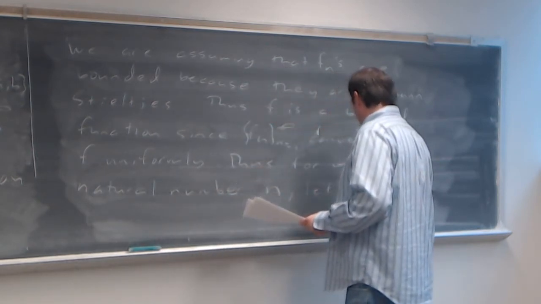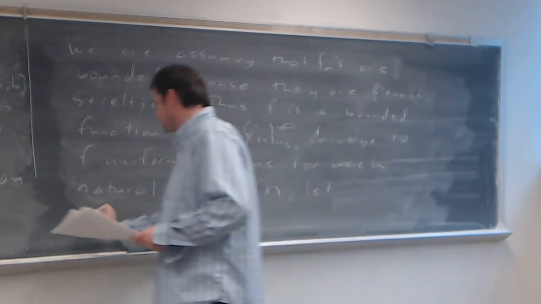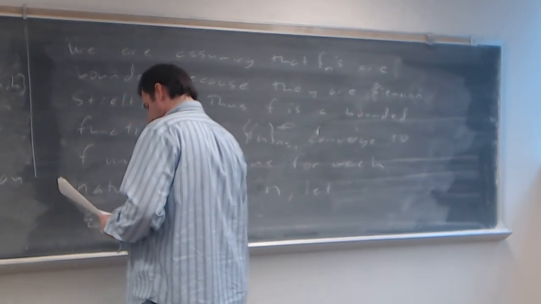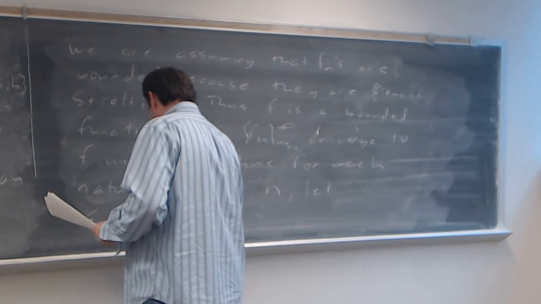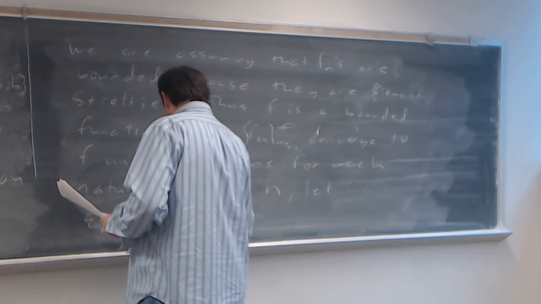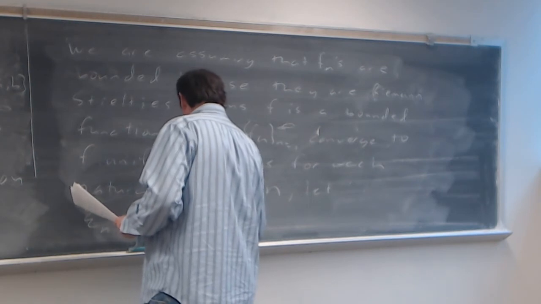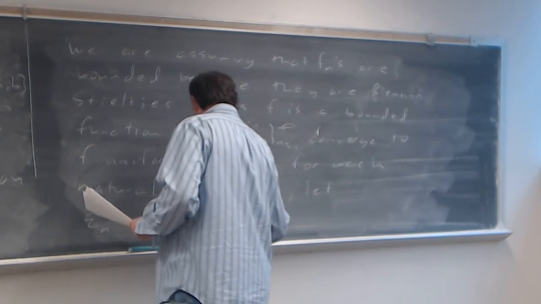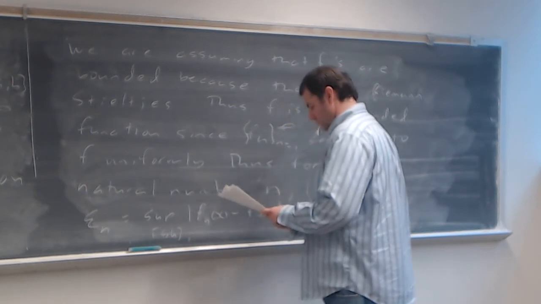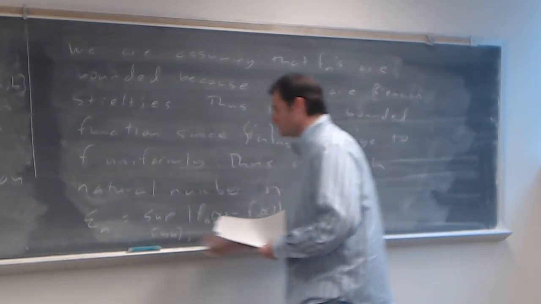let epsilon sub n equal the supremum over a to b of the absolute value of f sub n of x minus f of x. Then here's what we have.